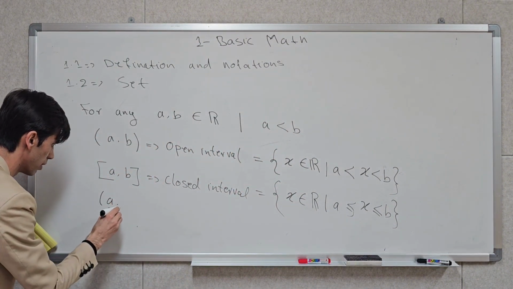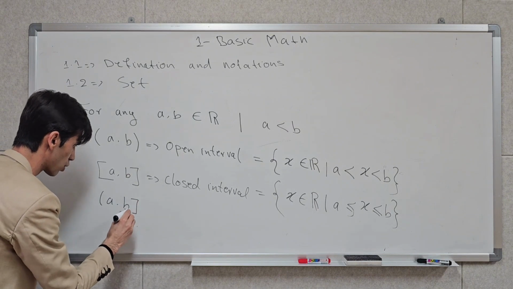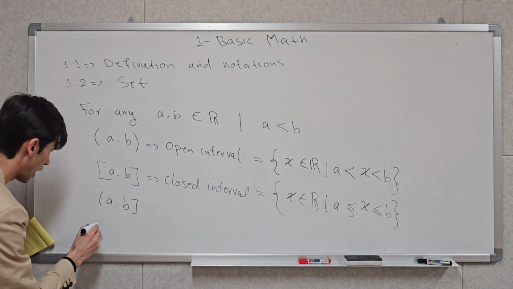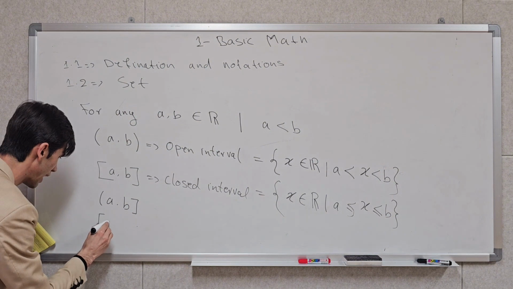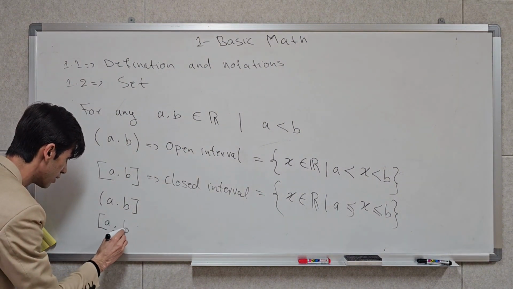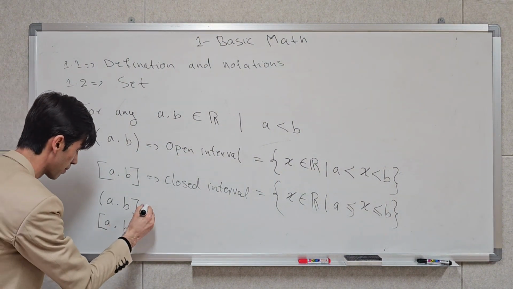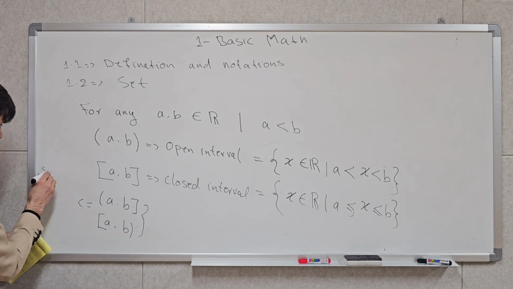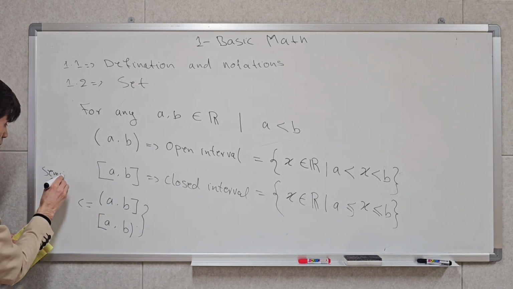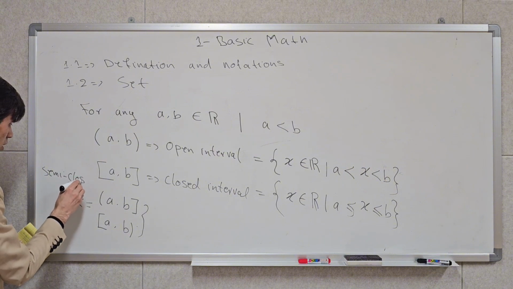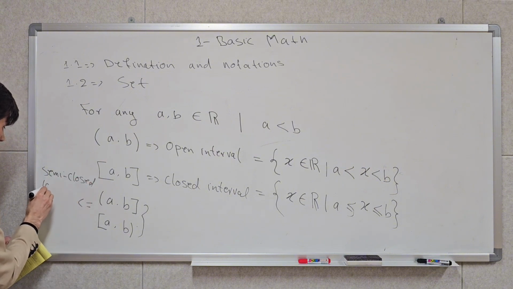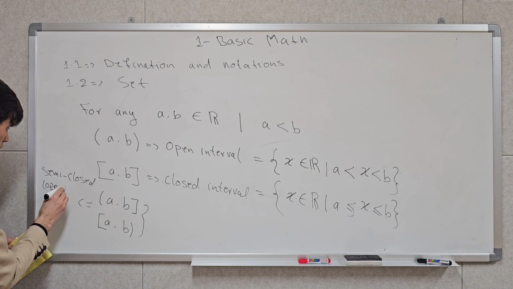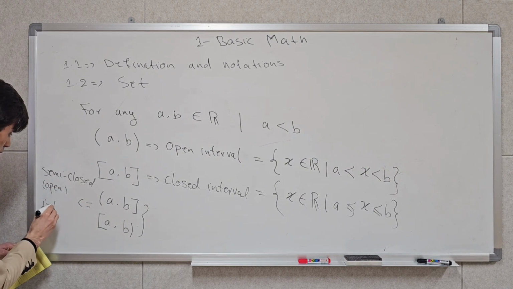We start from A and close to B, or we have this one, where A is closed but here is open. In both cases, we can say either semi-closed or semi-open interval.